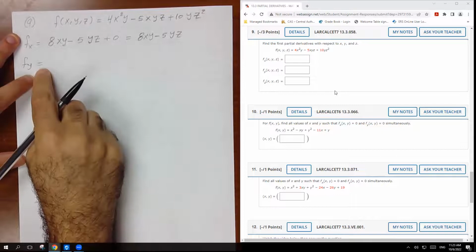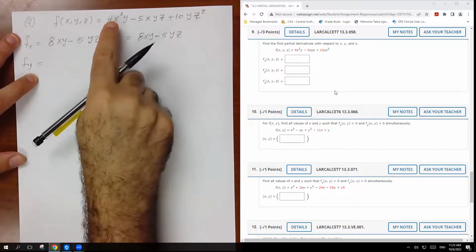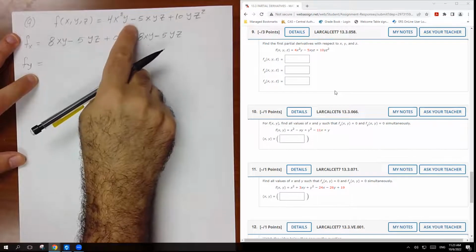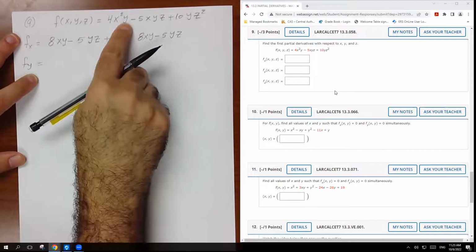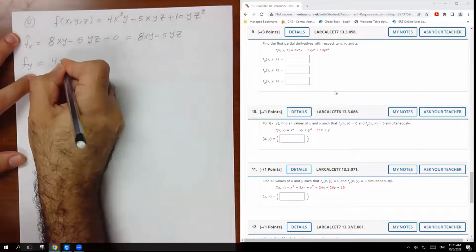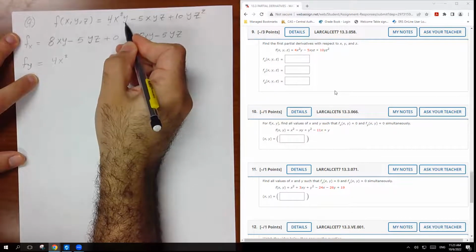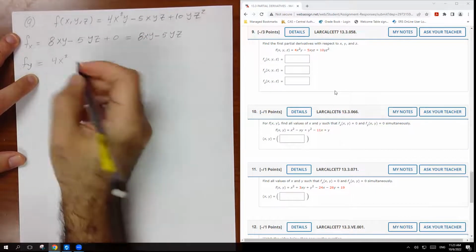Now with the second one, I'm doing the derivative with respect to the y. So the derivative of y is going to be 1. So it's going to be 4x squared. That means this is a constant. The derivative of y is 1. Constant times 1 is going to be the constant.